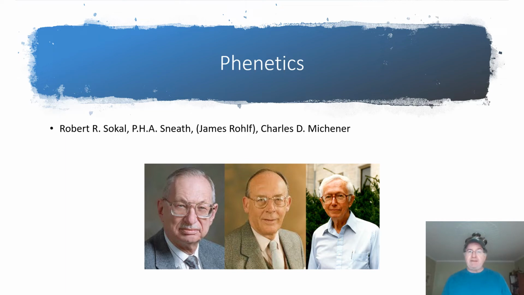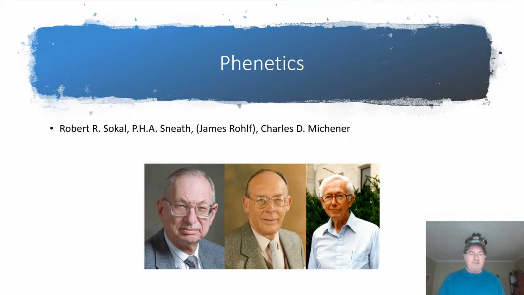So phenetics and numerical taxonomy, in many cases, ended up being synonymous, although as we go forward a couple of decades, phylogeneticists were also using computer algorithms to handle and analyze their data. So in a sense, they were also doing numerical taxonomy. Maybe you could even argue that some of the evolutionary taxonomists, insofar as they were quantifying their information and analyzing it using computers, could be called numerical taxonomists.